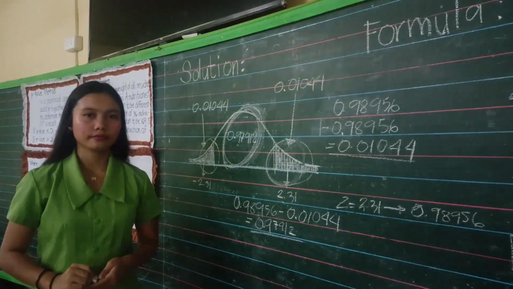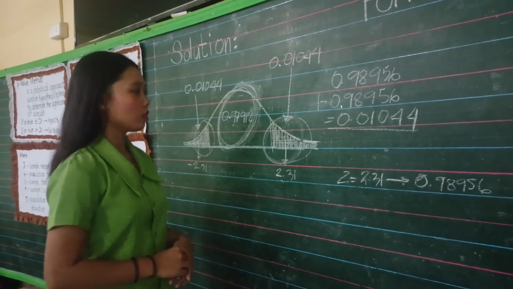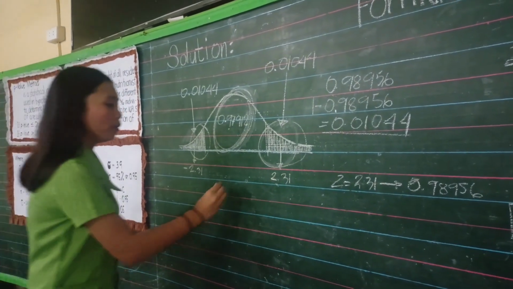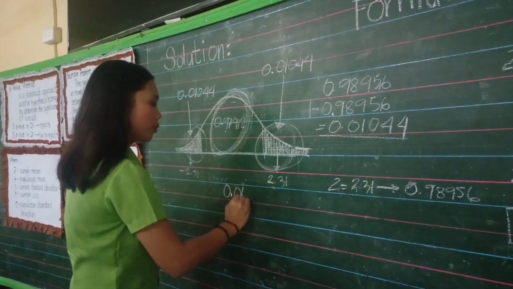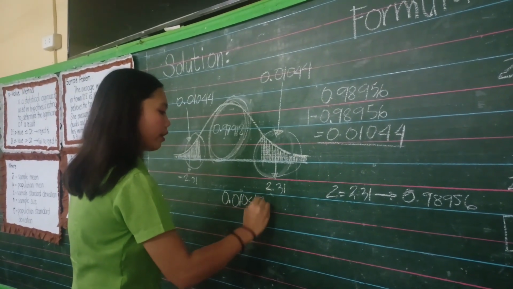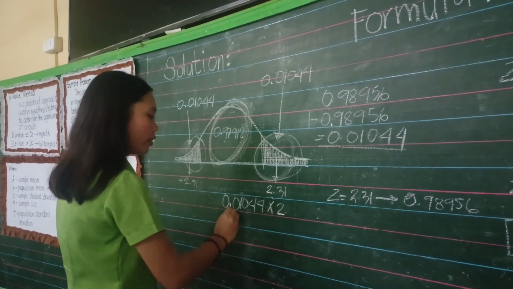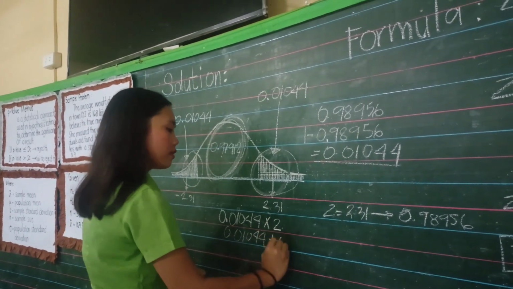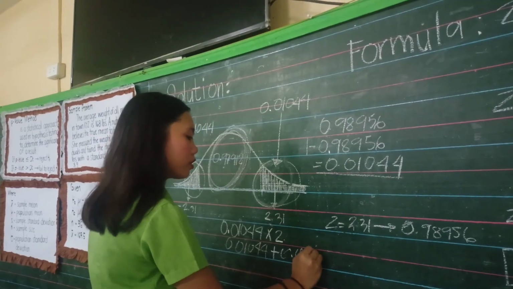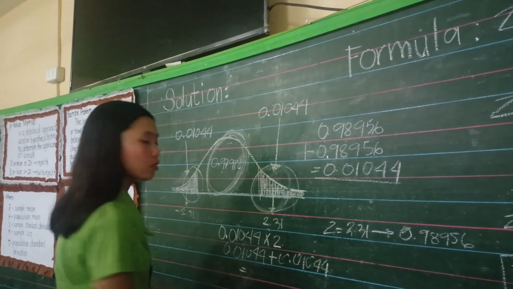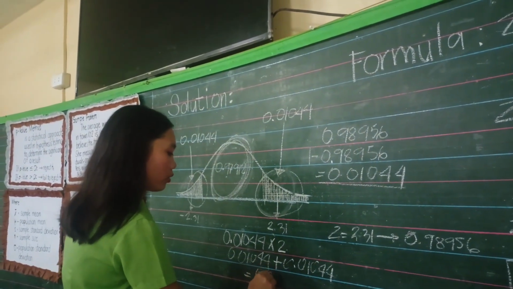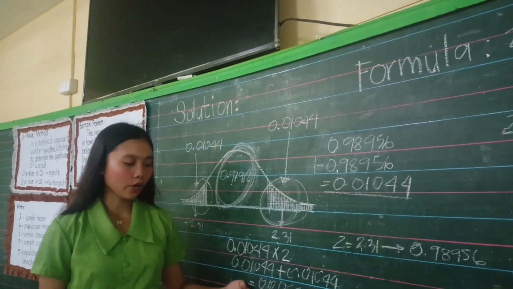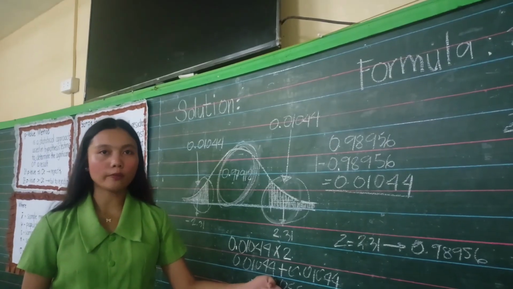Now, the p-value is the sum of the area on the left side and the area on the right side. So 0.01044 times 2, or 0.01044 plus 0.01044, is equal to 0.02088.